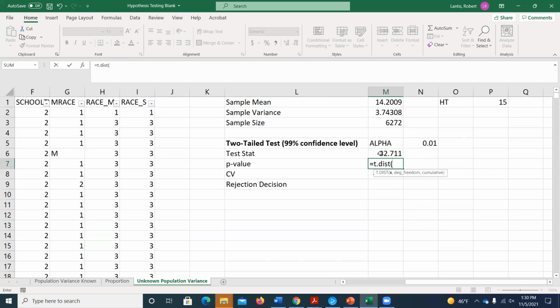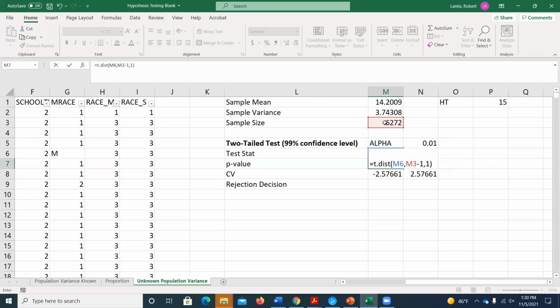Just like with the standard normal, instead of norm.s.dist to look up a z-value and find the area to the left, which is what our p-value would represent, I'm going to use the t.dist function. So here's my test statistic, comma, degrees of freedom is my sample size minus 1, and then comma 1 makes it cumulative. This is going to give me the area to the left of that negative test statistic.